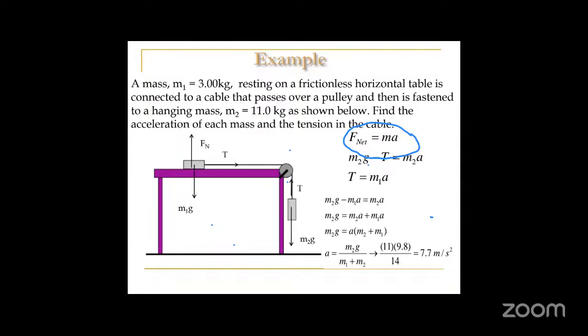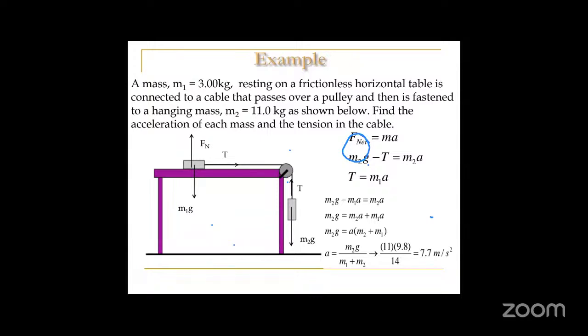So our net force, F net, the sum of the forces acting on the object, will be the greater force minus the smaller force, subtracting the smaller force from the greater force.